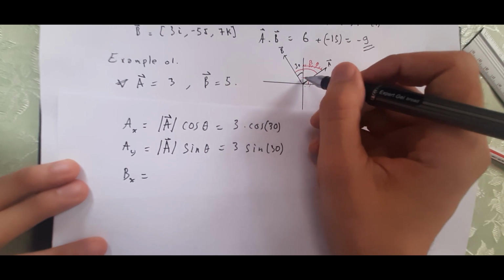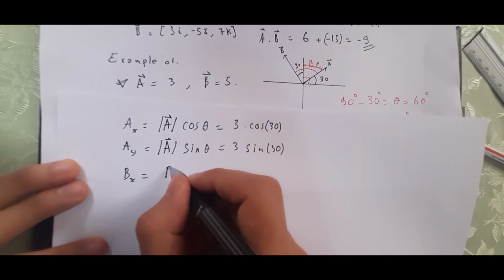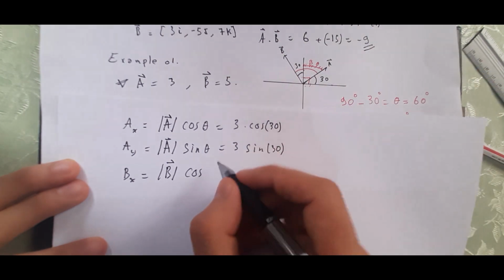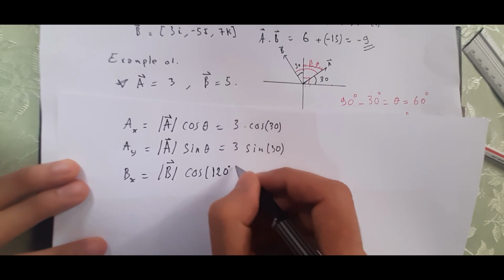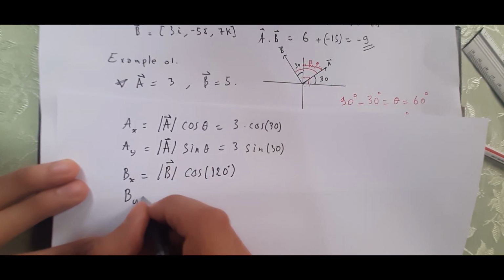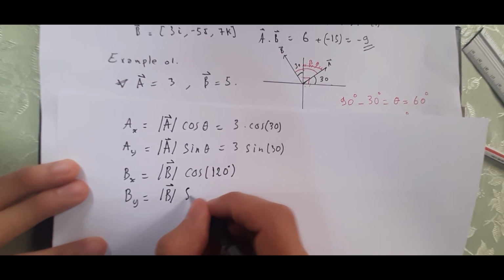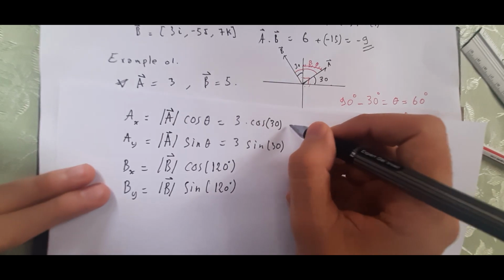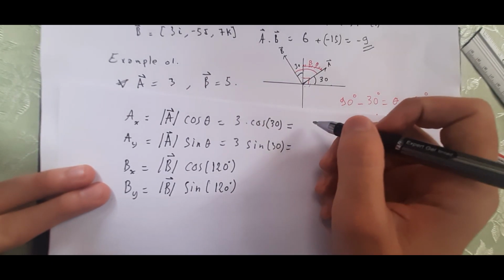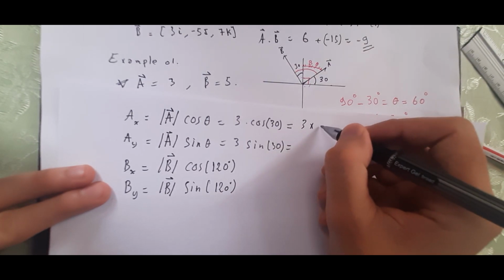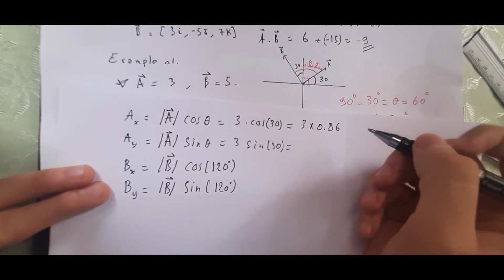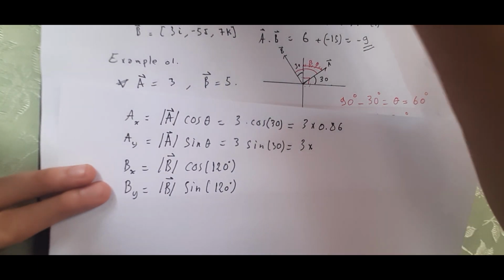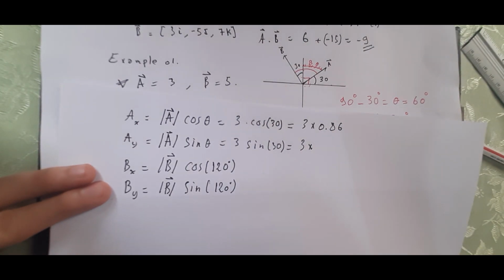So it is 90 degrees plus 30, which is 120 degrees. So BX equals B times cosine of 120, and BY equals the magnitude of B times the sine of 120 degrees.